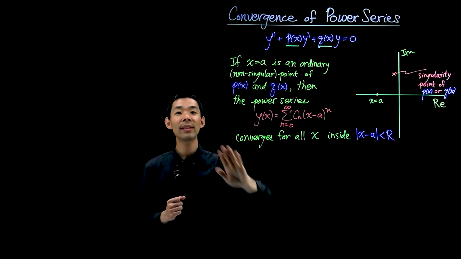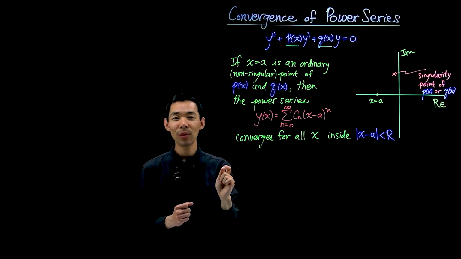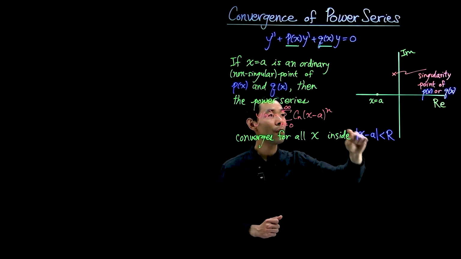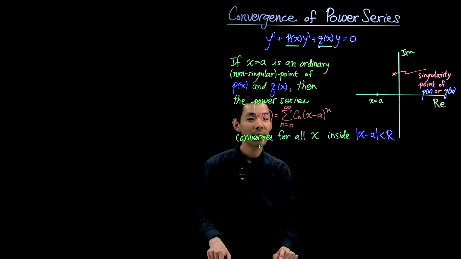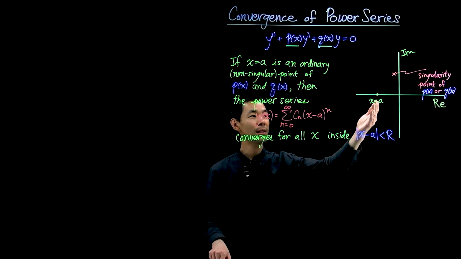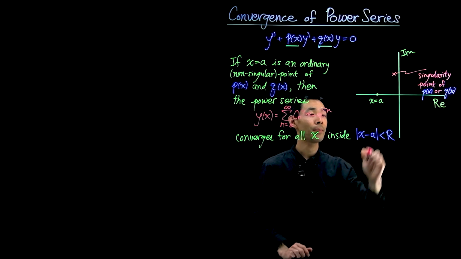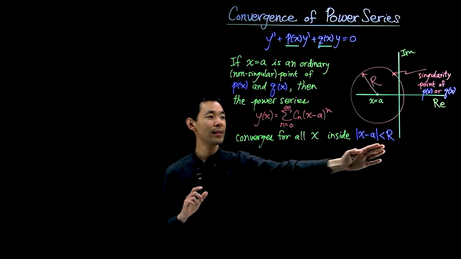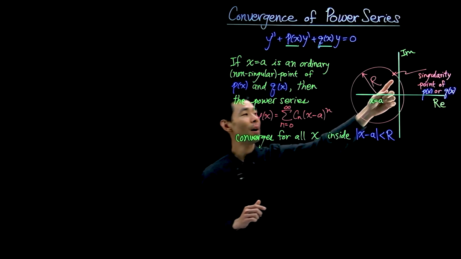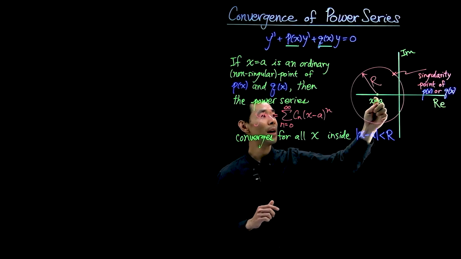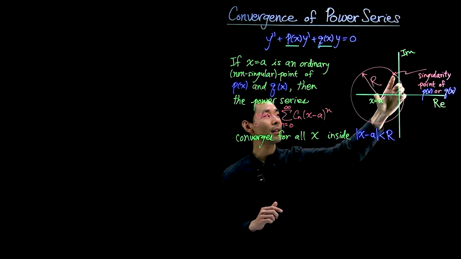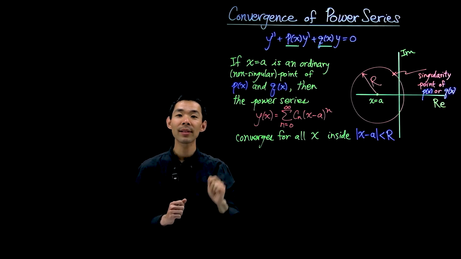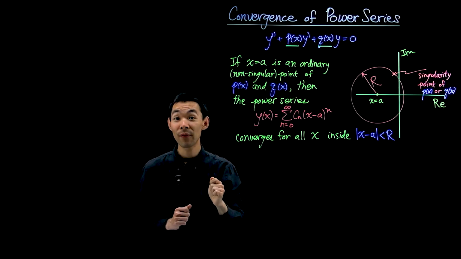Then what this theorem is saying is that the solution to the power series that you've written right here is going to converge for all points along this circle between your expansion point and the singularity. So what I've done here is to draw a disk of radius r, and I have my singular point right there and my expansion point. This distance r swept across as a disk tells us where this power series converges.